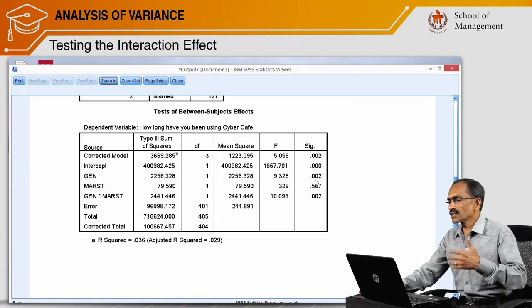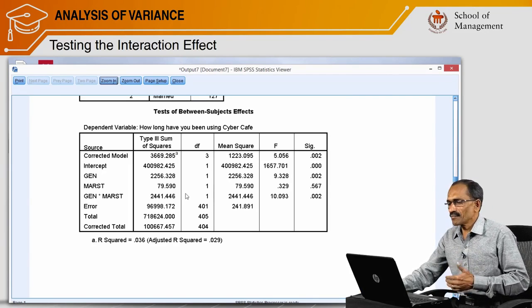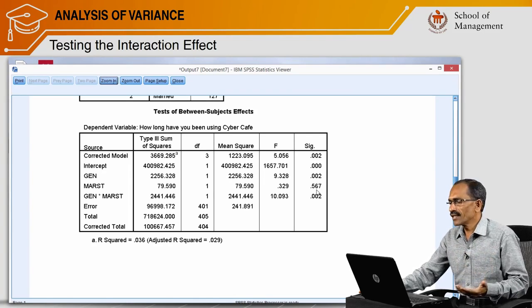That means either male or female may be most frequently visiting the cyber cafe. That is the indication. And for marital status, we cannot conclude whether it is married or unmarried people; it is indeterminate about it.